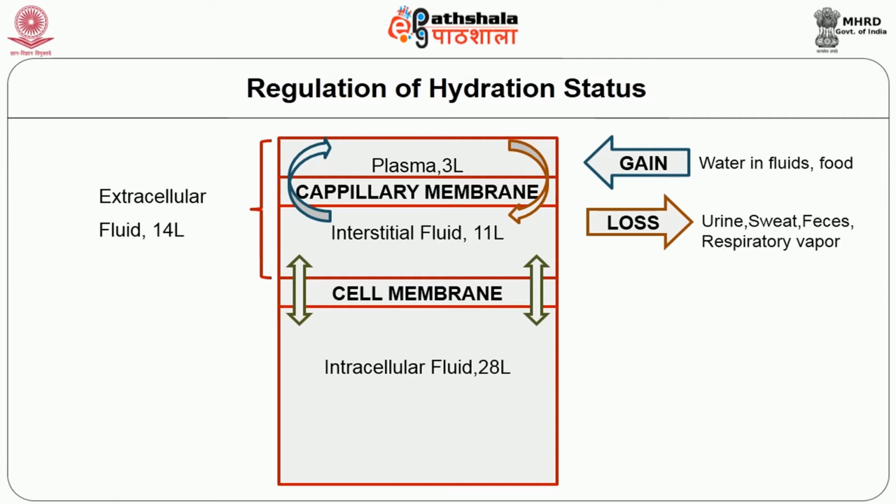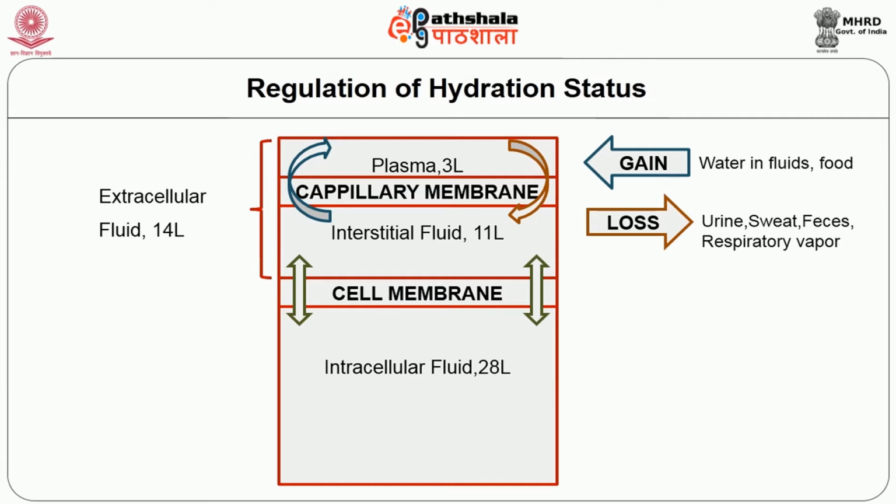Intracellular fluid contains 28 liters of water, and the extracellular fluid, which has 14 liters of water, comprises the plasma, which has 3 liters, and the interstitial fluid, which has 11 liters.